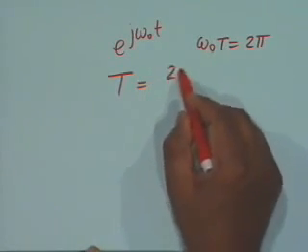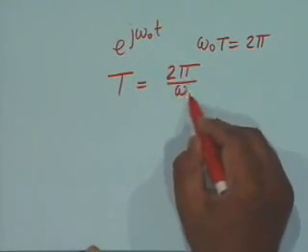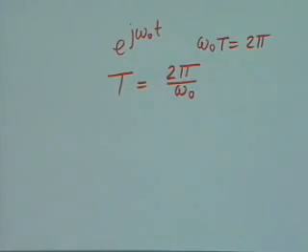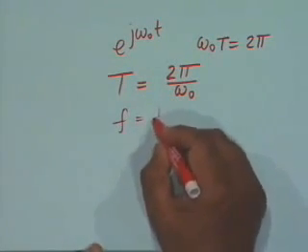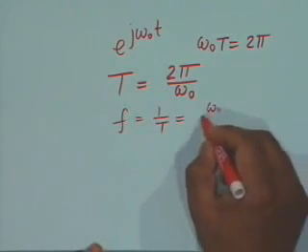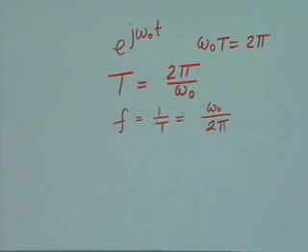So, capital T is 2 pi over omega 0. This is the period or fundamental period of the exponential signal, and the frequency f, which is 1 by T, is therefore omega 0 by 2 pi.